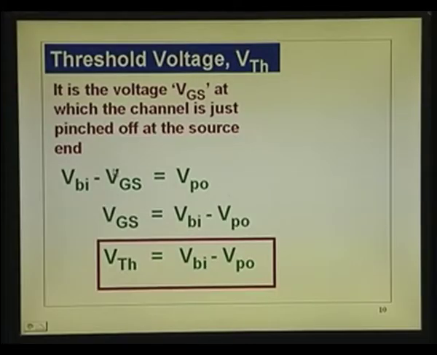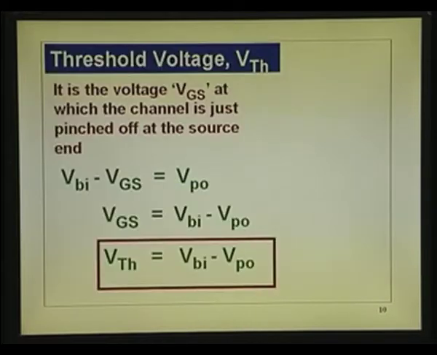Simple, remember like this, total potential drop should be equal to V p 0, and instead of writing V g s, I rewrote this equation as V g s equal to V b i minus V p 0. I put it that side and V p 0 on that side. Okay. And this voltage is the threshold voltage, that is V b i minus V p 0. Now, you would appreciate why that term I put there, V d sat is equal to V g s minus that quantity. Okay.